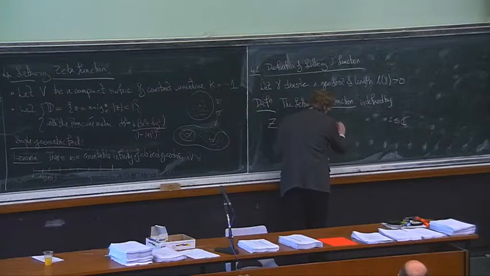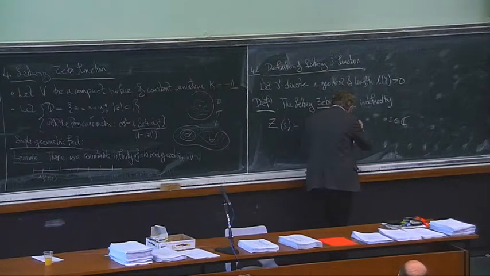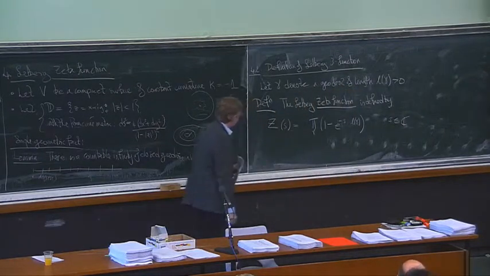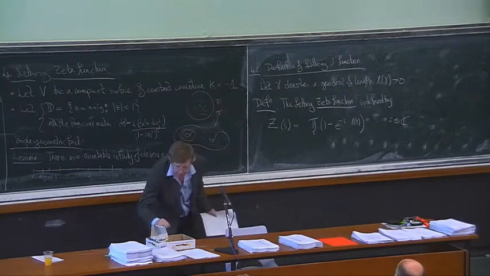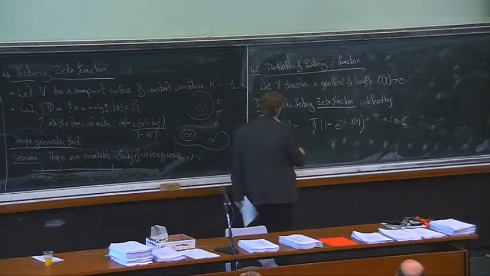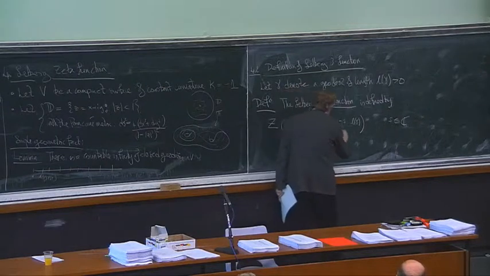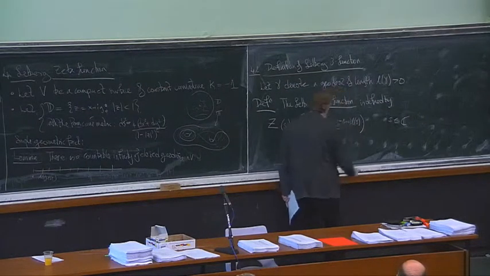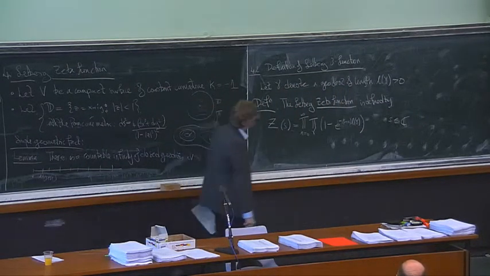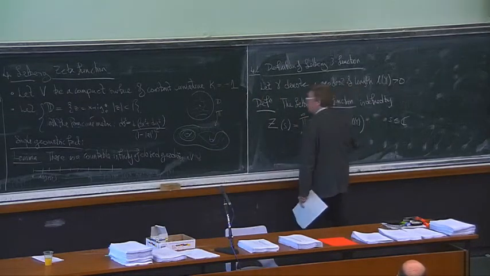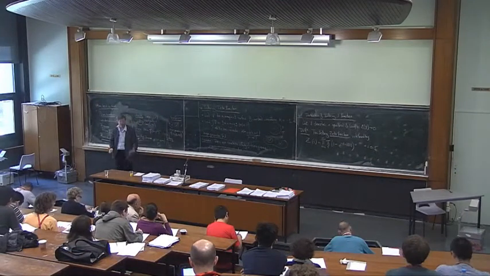And then it's 1 minus e to the minus s, I'm going to put something in a minute, times L of gamma. But the difference here is that we're also going to put another product in, which is the product n equals 0 to infinity, and this should be n plus that. And I do not put a minus sign, minus 1 up here. So basically it looks more or less the same, except there are some changes.